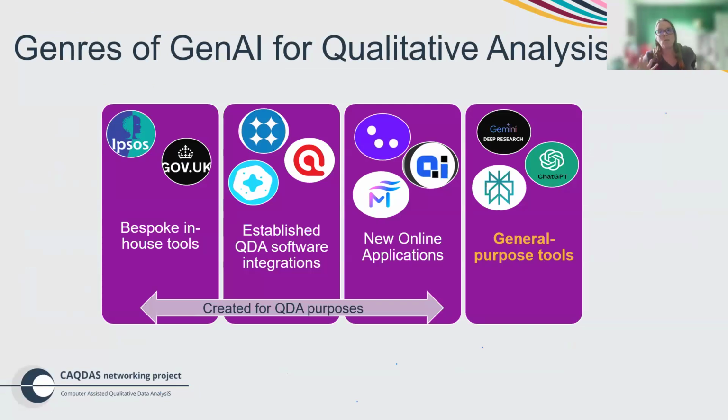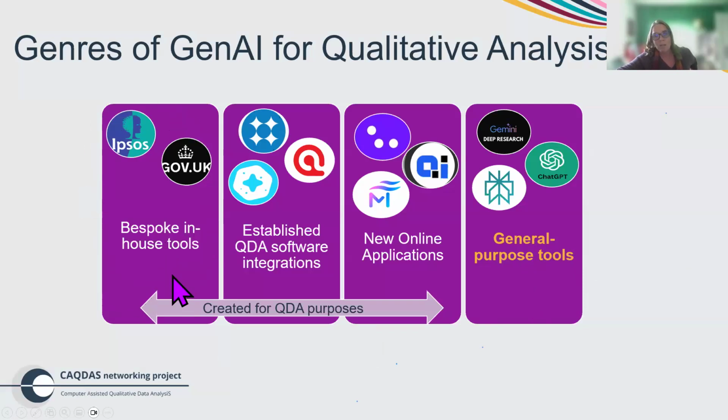There are basically four genres. There are general purpose tools, which I mentioned previously, and then there are three genres of tools which are created for the purposes of qualitative data analysis. It's these that I would lean towards myself, because they've got some programming embedded in them that is related to our needs as qualitative analysts, whereas the general purpose ones don't.